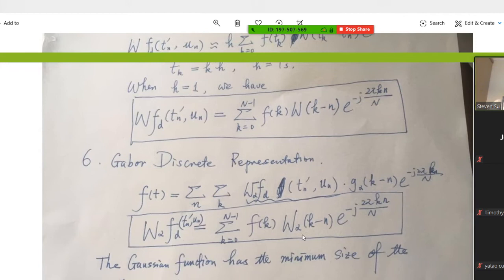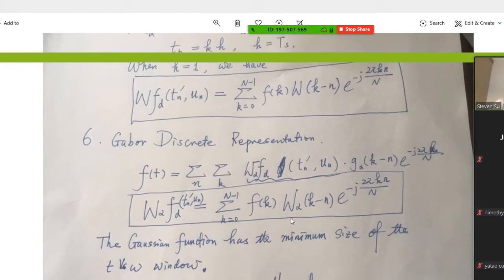I also discussed the Heisenberg uncertainty principle. To reach the limit, we need to design the Gabor discrete representation. At that time we also mentioned that the short-time Fourier transform has limitations.